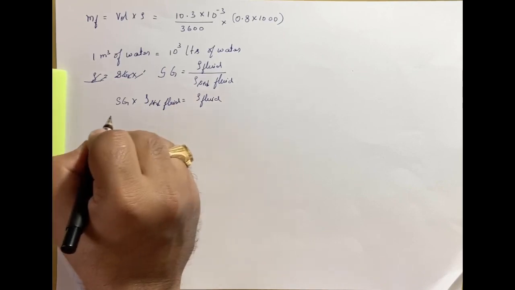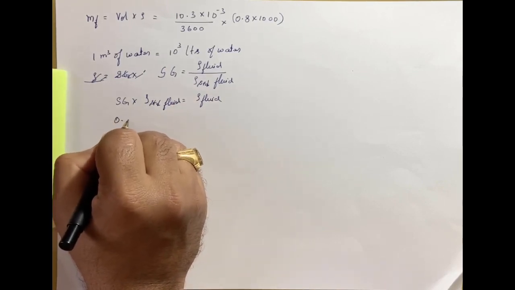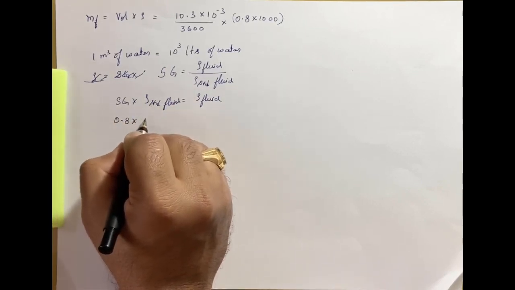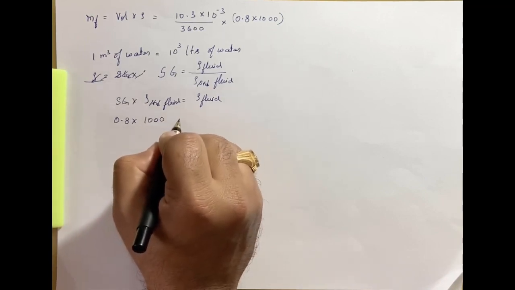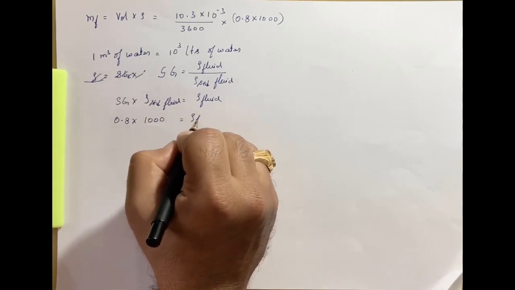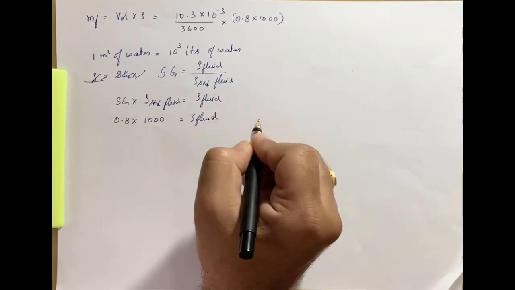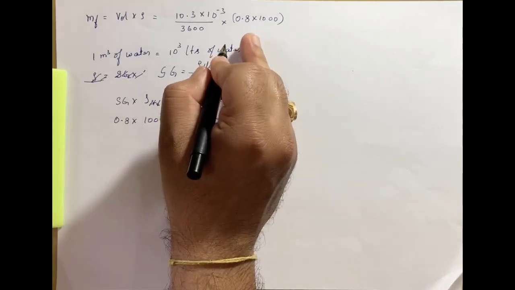Sg is 0.8 into density of standard fluid, water, that is 1000. That becomes the density of the fluid. This is what I have substituted here.